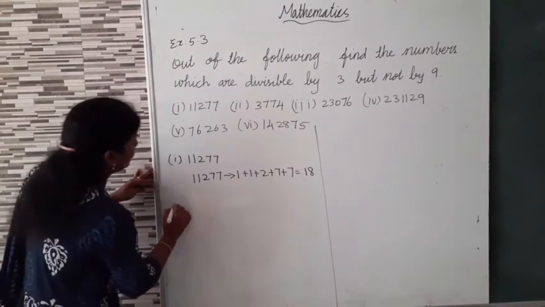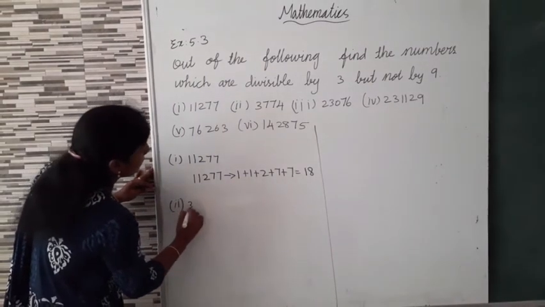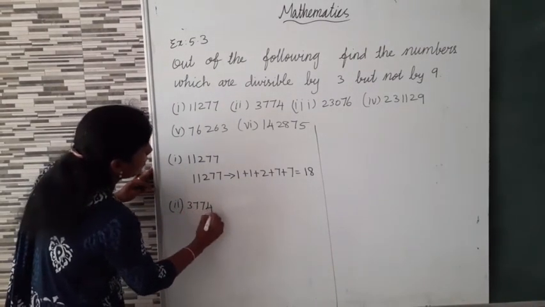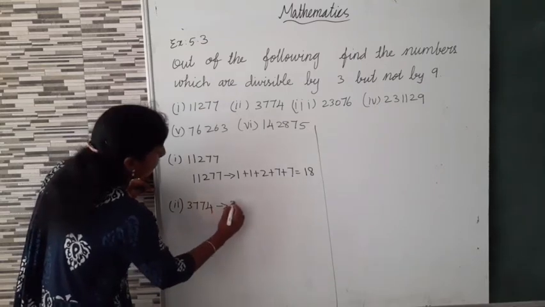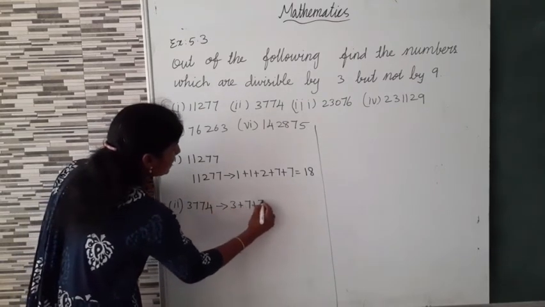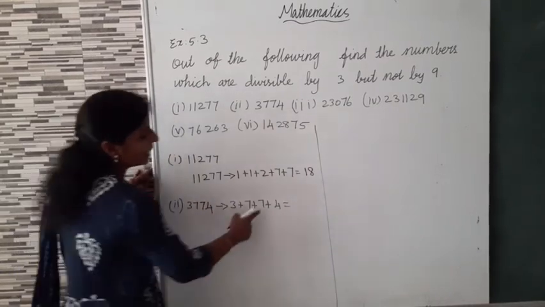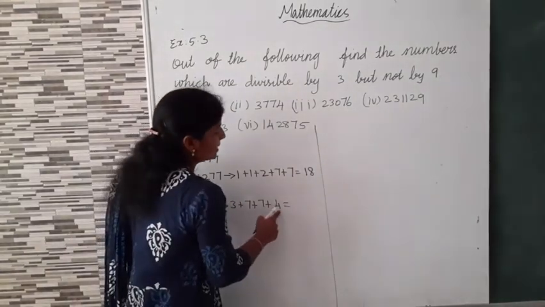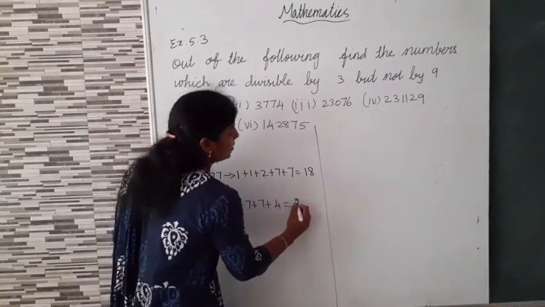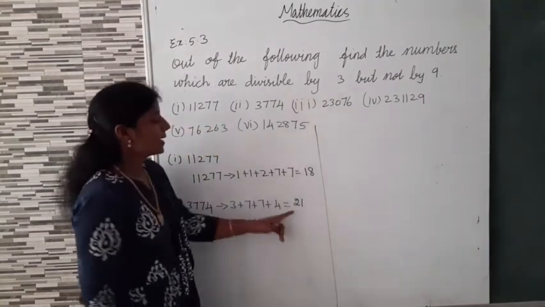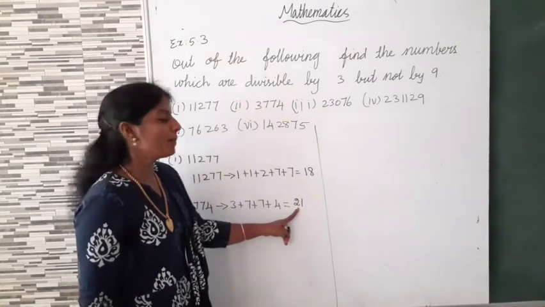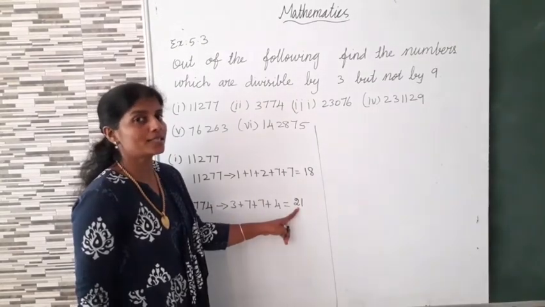Now, second one, 3,774. 3 plus 7 plus 7 plus 4 equals 7 plus 3, 10. 10 plus 7, 17. 17 plus 4, 21. Now this 21 is divisible by 3, 7 3s are 21.